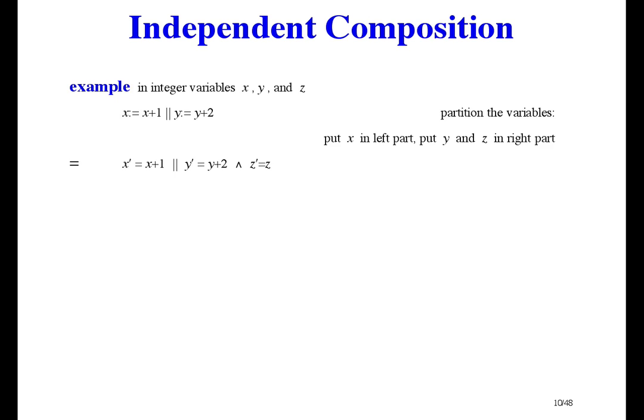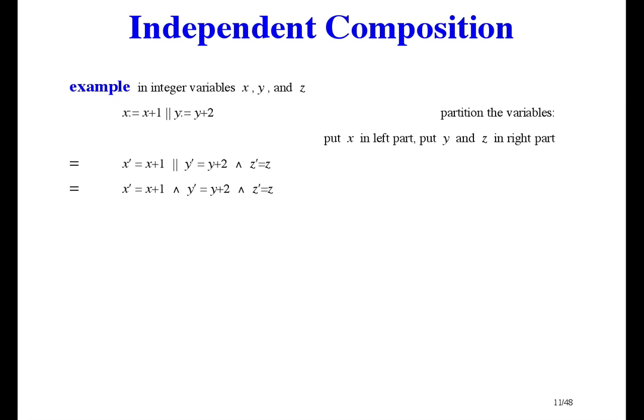Then x gets x plus 1 is just x prime equals x plus 1, because x is the only variable in the left process. Y gets y plus 2 becomes y prime equals y plus 2 and z prime equals z. And then independent composition is just conjunction.